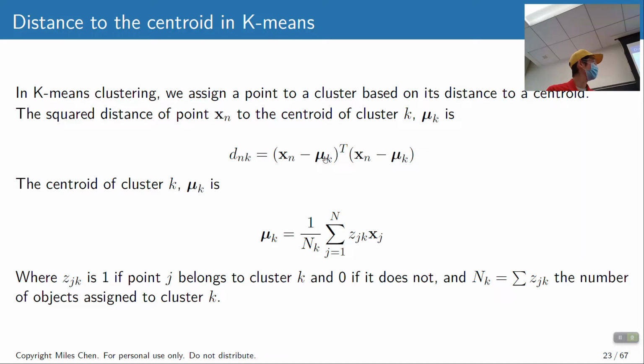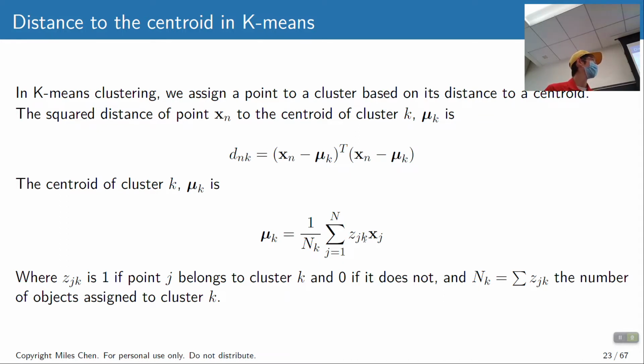And what is the location of mu_k? Well, mu_k is the mean of all of the points assigned to cluster k. So if a point x_j is assigned to cluster k, z_jk is 1, and z_jk is 0 if it's not.